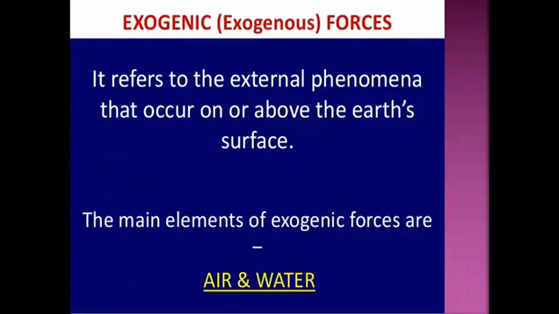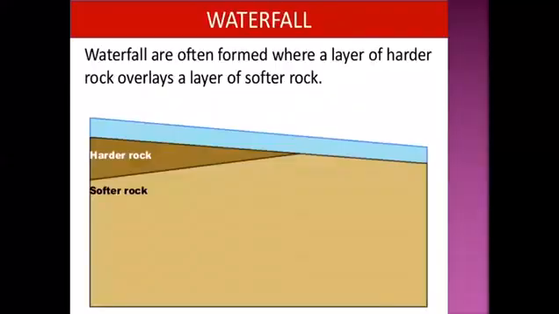Now we are going to study about the exogenic forces. Exogenic forces refer to the external phenomena that occur on or above the Earth's surface. The main elements of exogenic forces are air and water.